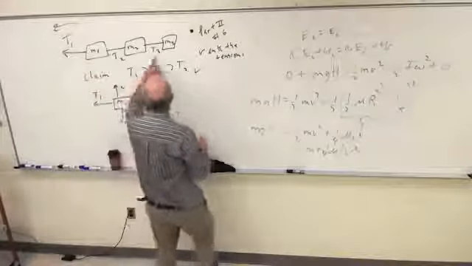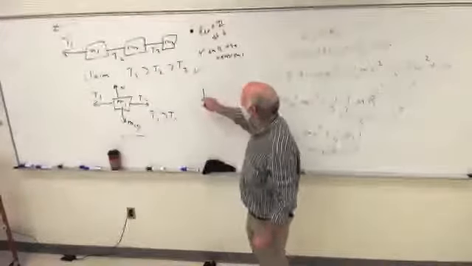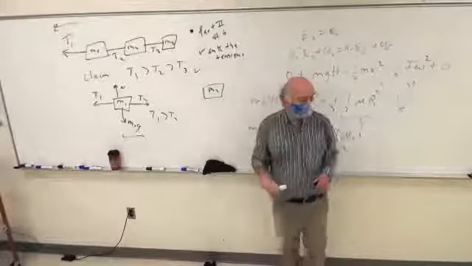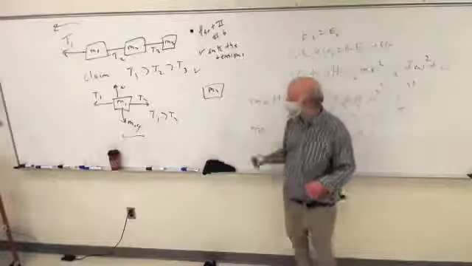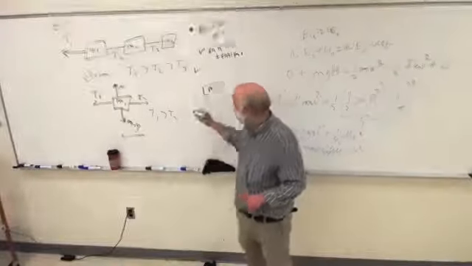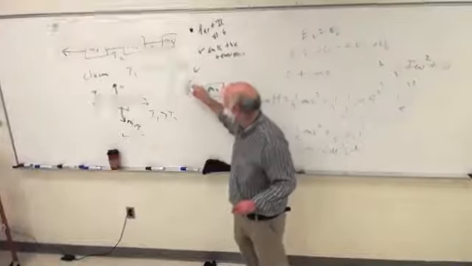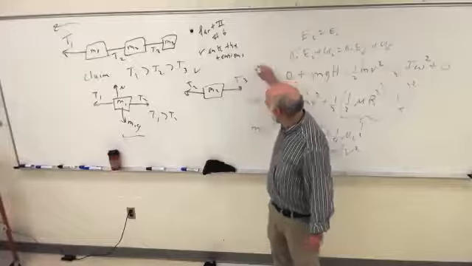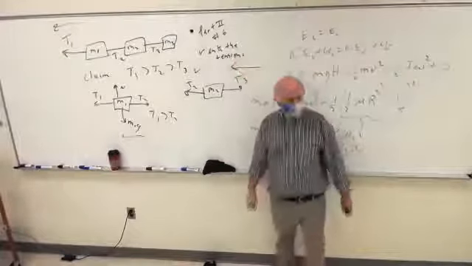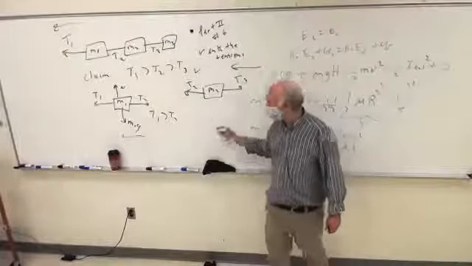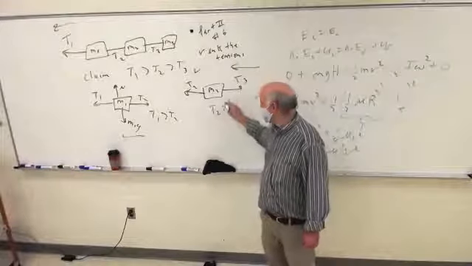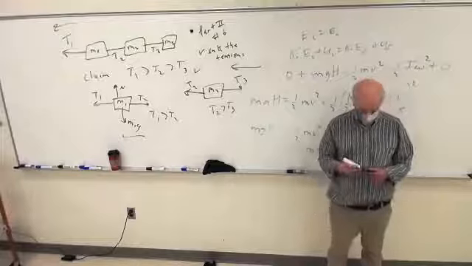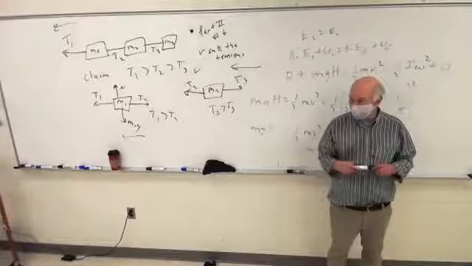Now tell me how this guy comes in. Let's look at M2. What are all the forces acting on M2? Which tension? T2. What else? T3. If it's moving this way, T2 has to be greater than T3. That makes sense?